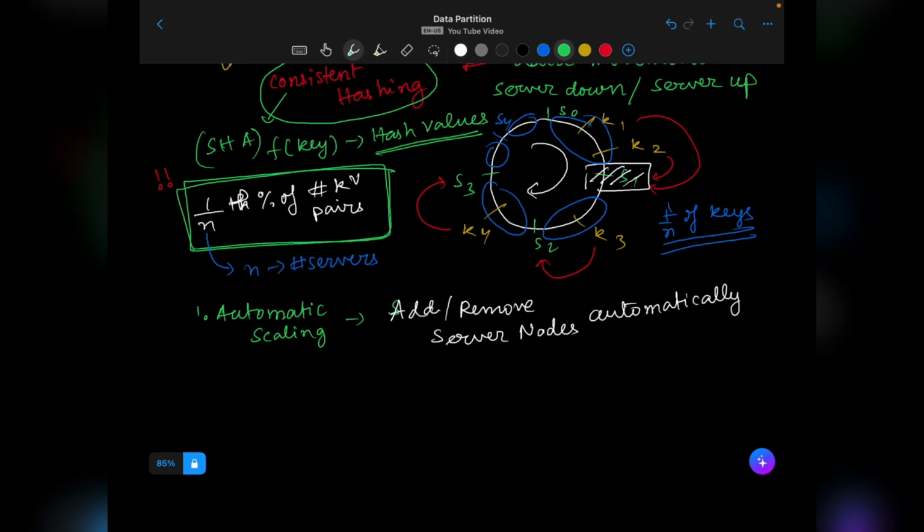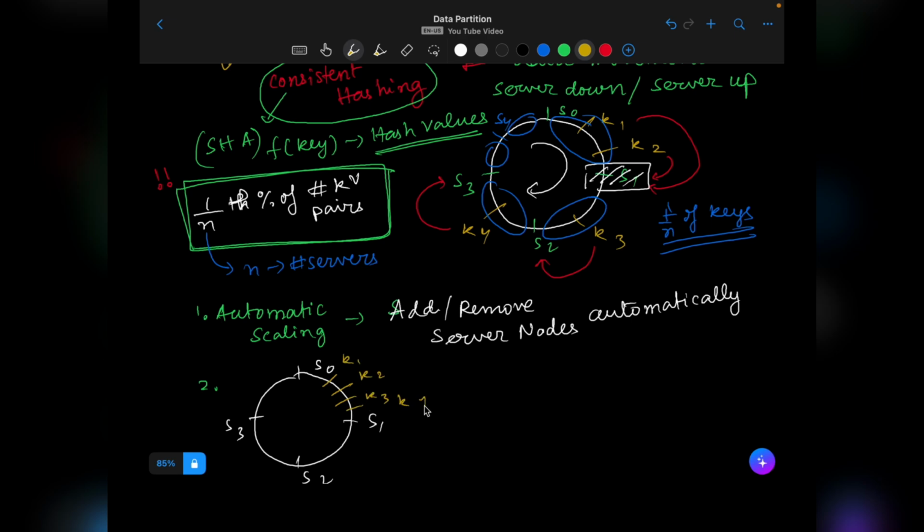Another situation which might arise: suppose I have this ring, and the keys are such that the hashing algorithm maps all of them here, K1, K2, K3, K4, and we are boiled down to square one from where we started. We wanted evenly distributed data and minimized data movement, but all these keys are now being mapped into S1.